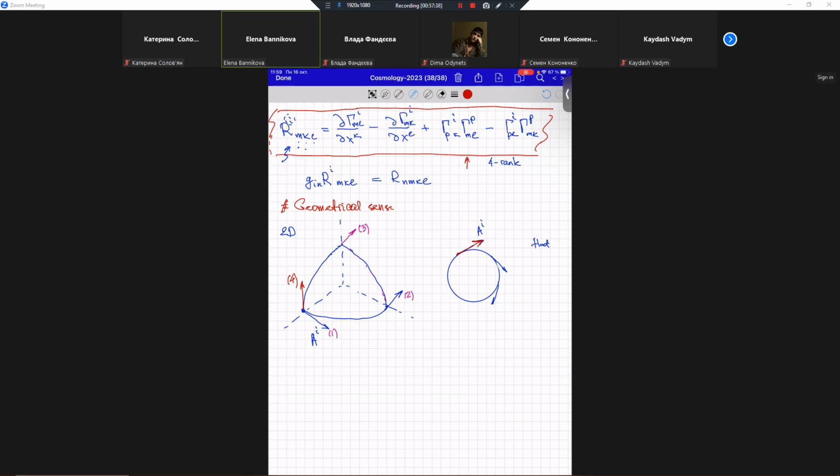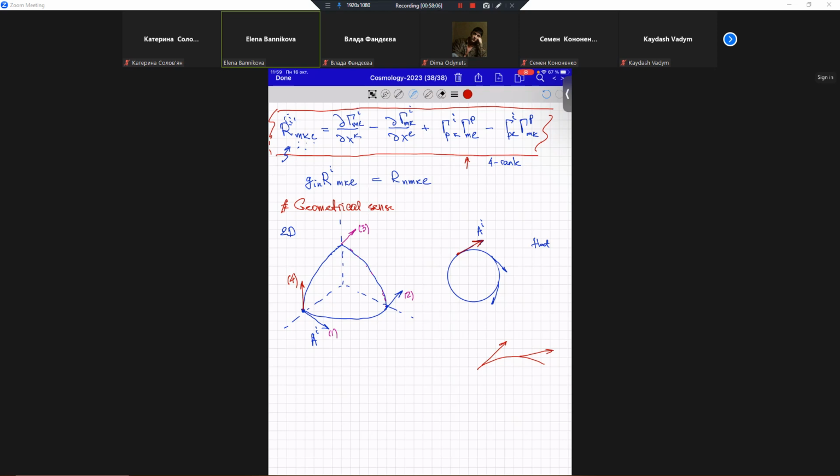We have the same problem, because the coordinate axes are not straight, so when we pass the vector, it also rotates a little bit, and as a result we obtain this additional summand, which consists of the Christoffel symbol. So this is the geometrical sense.